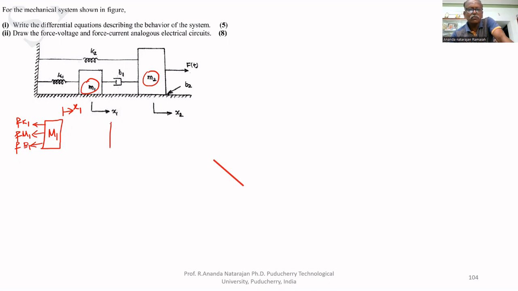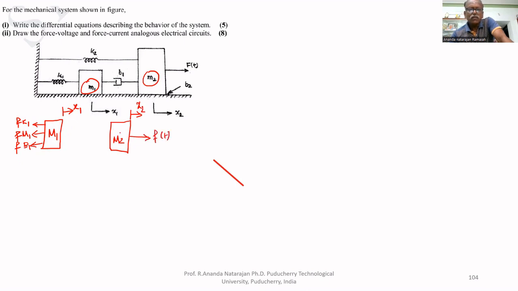The second mass is M2. On that, the displacement X2 is towards the right. The force applied is F of t.